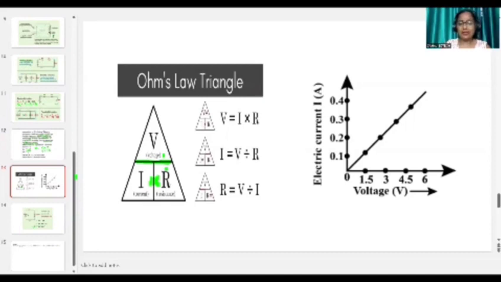And if you need to calculate R, it will be V divided by I, as you can see here. And let us see the graph. If you take voltage along the x-axis and the electric current along the y-axis, what do we get? We get a straight line passing through the origin. Okay.